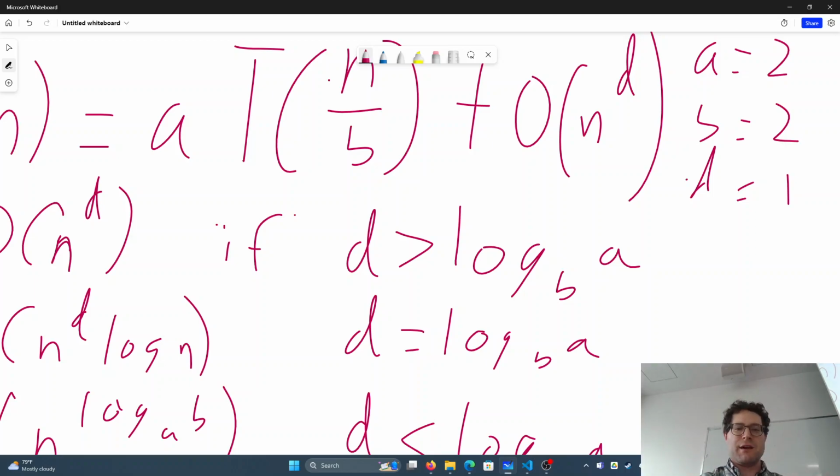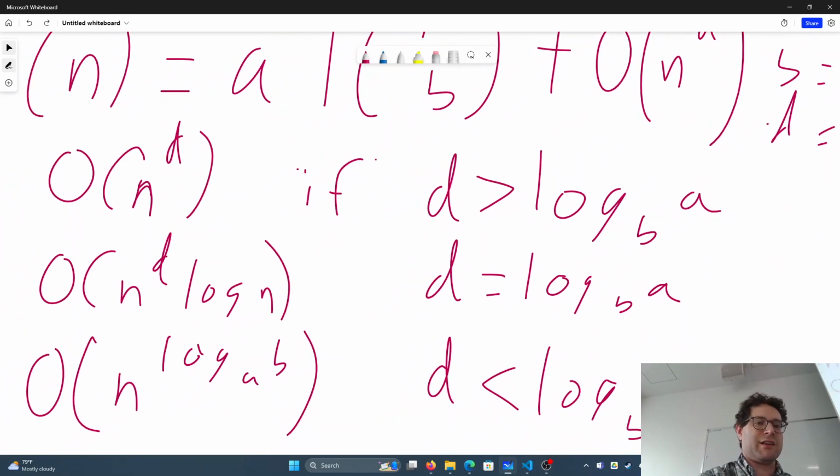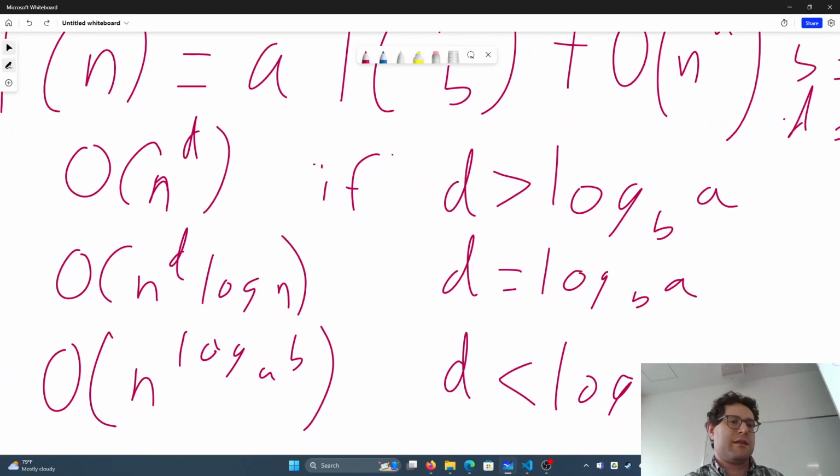So 1 is equal to 1 for merge sort. We can just look at this chart without having to do the analysis and say that merge sort is n to the dth power times log n. D was 1, so n log n. Make sense?